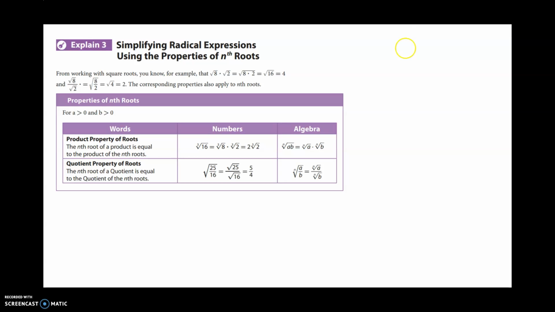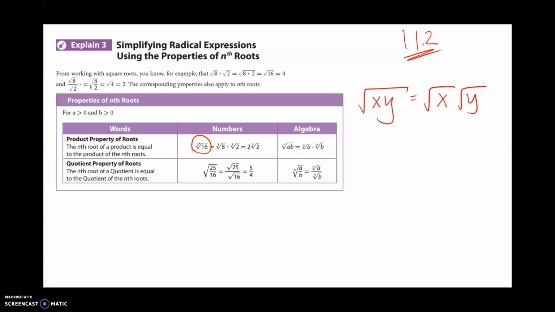We're continuing 11.2. Now, we've talked before about if we have a product under a root, I can break that up into the product of the two roots. And when we did this, notice their example.